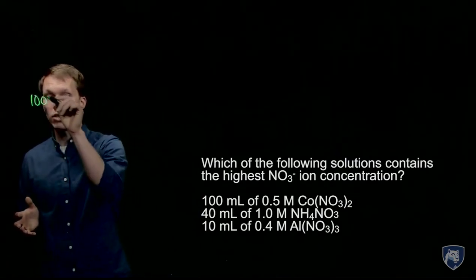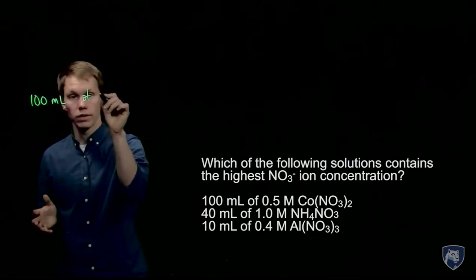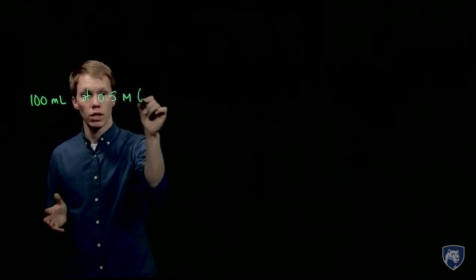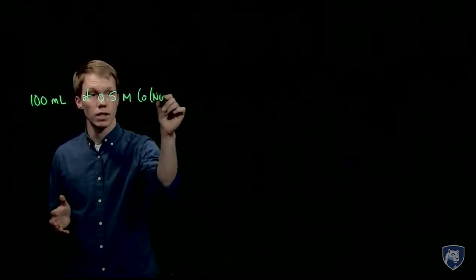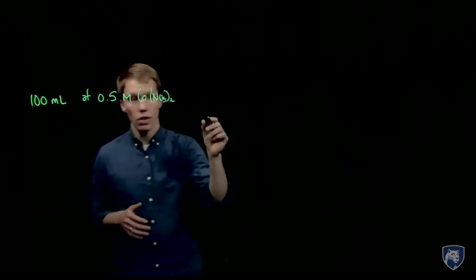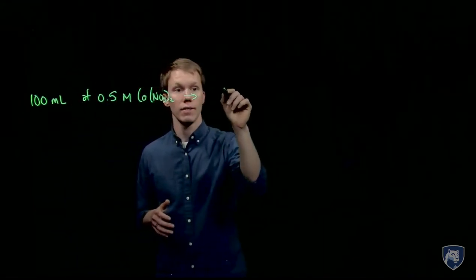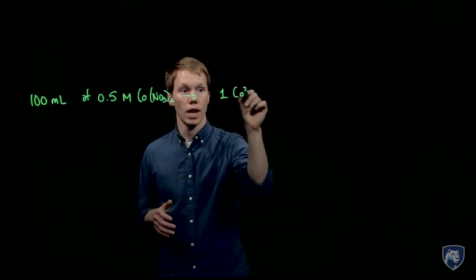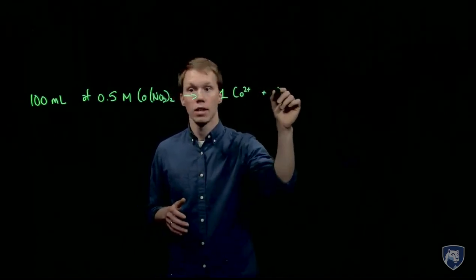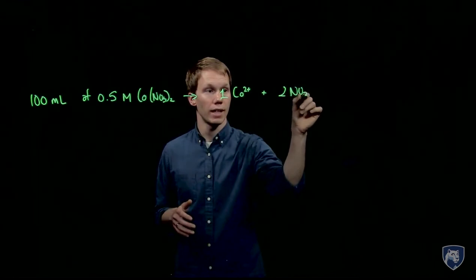So when I have 100 mL of 0.5 molar cobalt nitrate, this is going to dissociate to give 1 cobalt ion plus 2 nitrate ions.